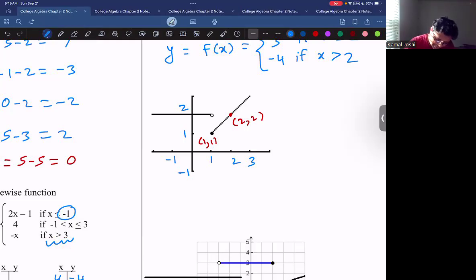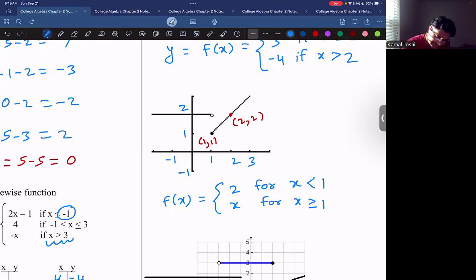Your answer should have been f(x) equals 2 for x less than 1, because there is a hole there, on the horizontal line, and x for x equal or greater than 1.